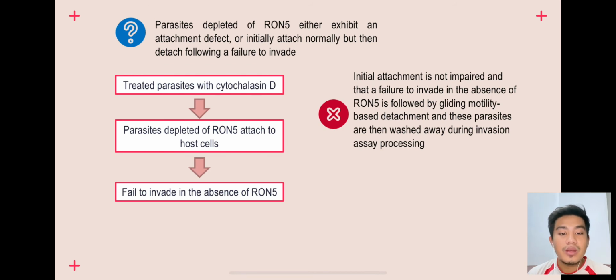This evidence demonstrates that initial attachment is unaffected in the absence of RON5, and the failure to invade in the absence of RON5 is followed by gliding motility-based detachment, with parasites being washed away during invasion assay processing.